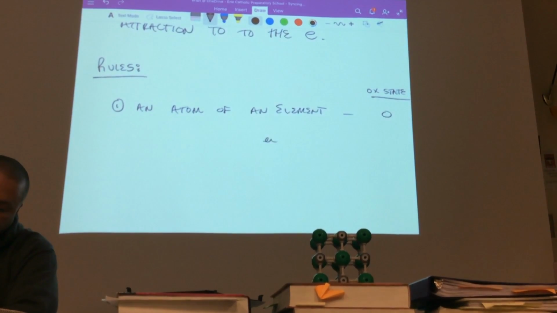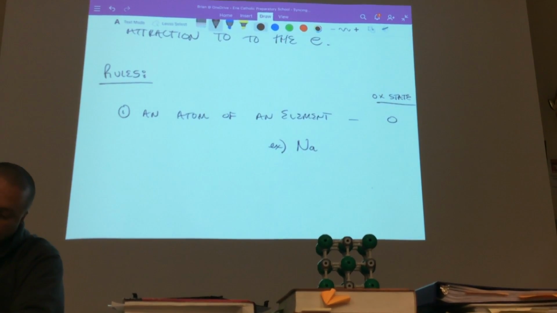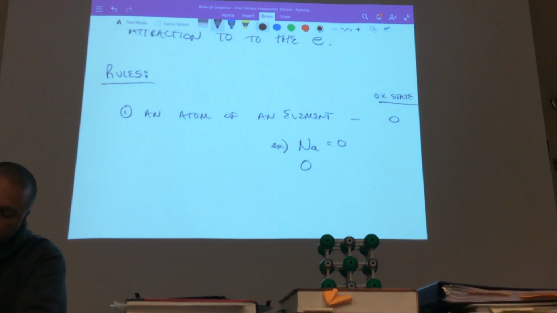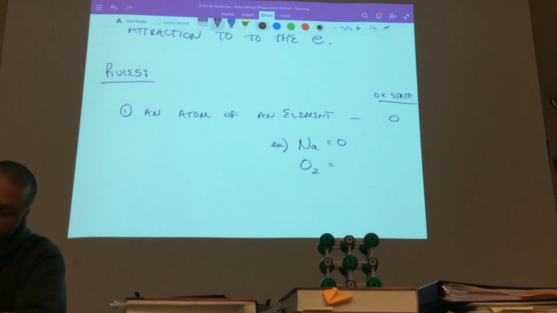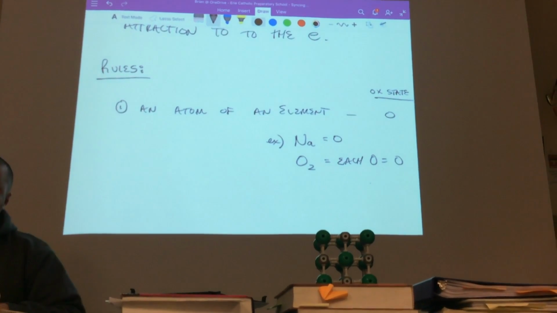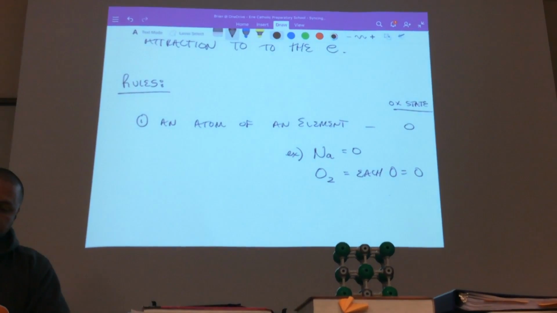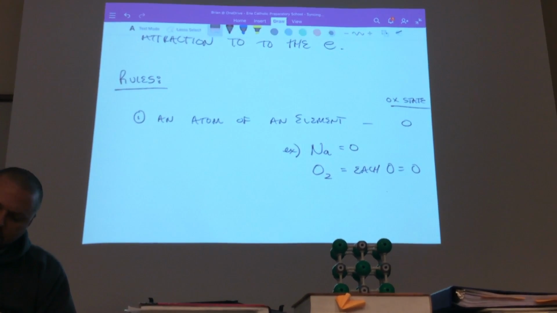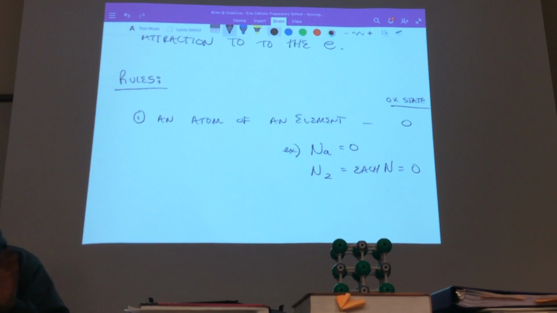So for example, say we just have Na, it equals 0, or O2, each O equals 0. Maybe I'm going to make this different because zeros and O's are confusing. Let me do N2, and then I'll say each N equals 0. That way we don't get into some ambiguousness there.